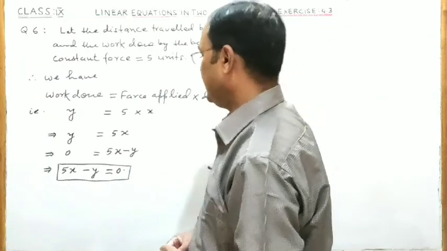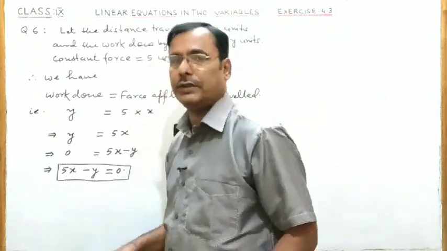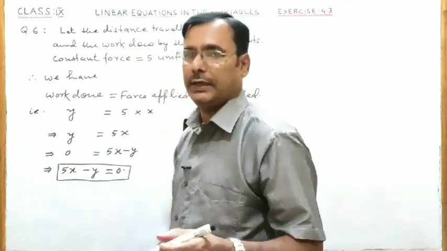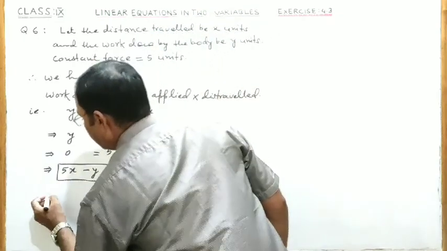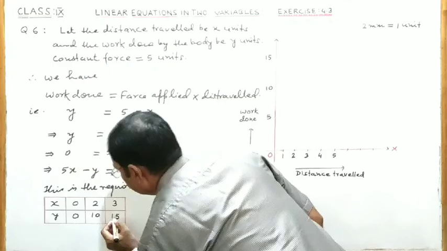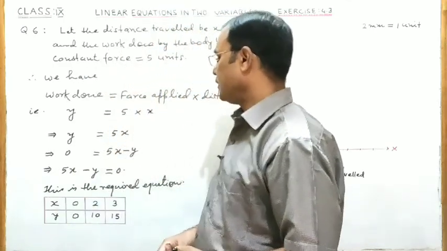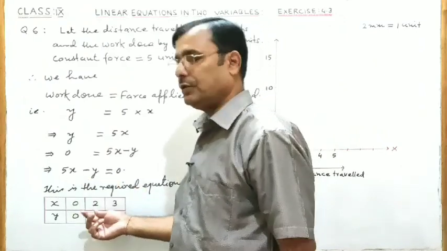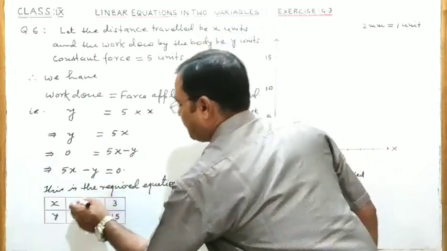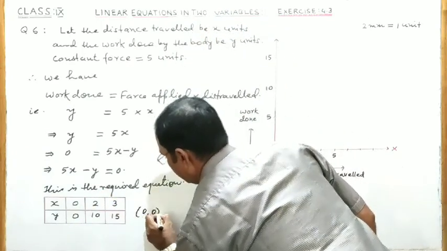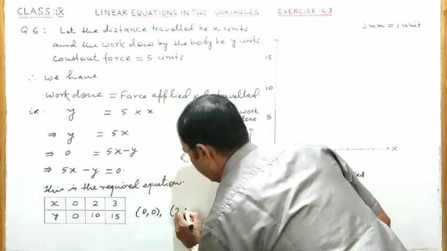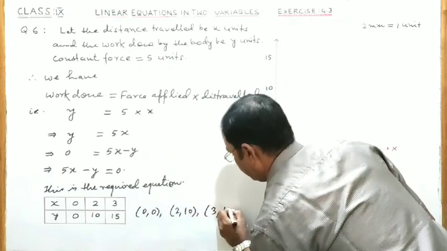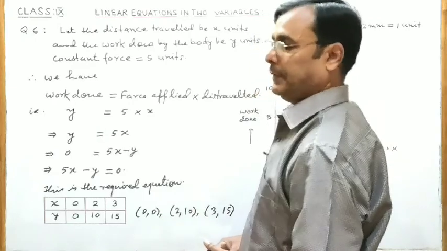To draw graph of this linear equation, we need to write some solutions in a table, writing values of x, writing values of y. So let us write some solutions in the table like this. So we have written 3 solutions in this table of linear equation 5x minus y equal to 0. Now we shall plot these points 0, 0, 2, 10 and 3, 15 on a graph paper.